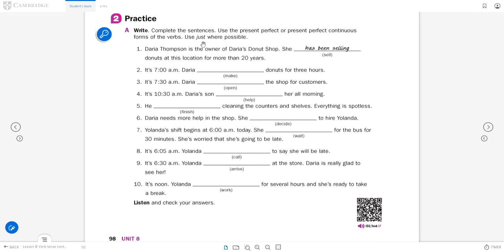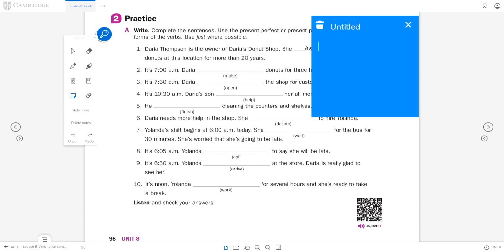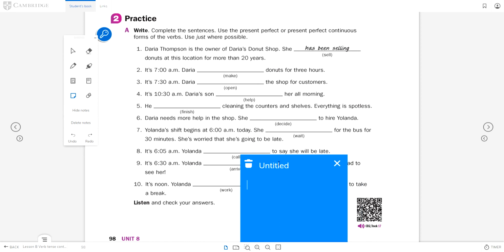Now let's take a look and let's do it. Because I can't write here, it's really hard to write with a mouse, I'm going to type with this little note here, and we're going to try to manage.